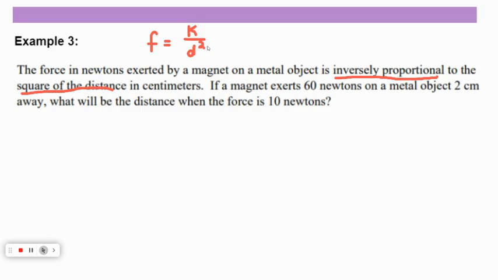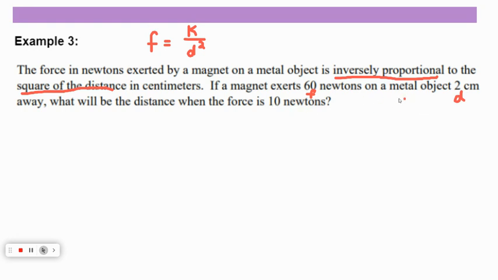So now I've got my relationship written down, and it gives me a scenario. It says if a magnet exerts 60 newtons, so that's my force, on a metal object 2 centimeters away, so there's my distance, then what would the distance be when the force is 10 newtons?